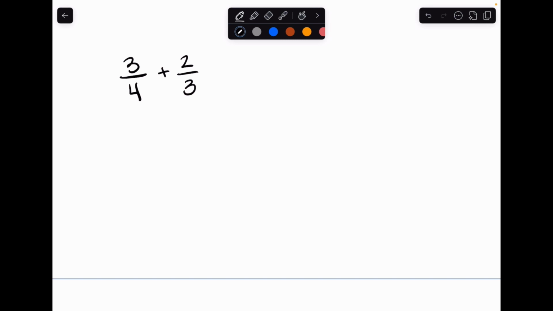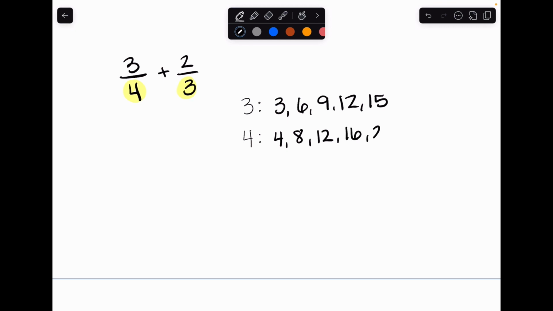If I have my denominators 4 and 3, I want to figure out a number that is divisible by both of those. I've got my 4 and my 3, and I'm going to just skip count these numbers out. Looking at my 4, I've got 4, 8, 12, 16, and 20.